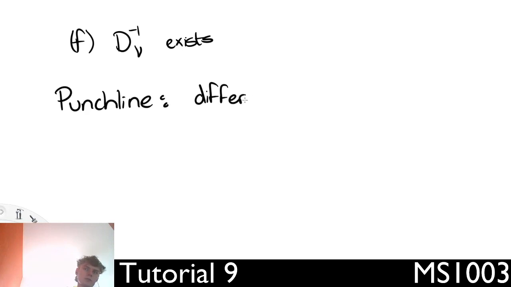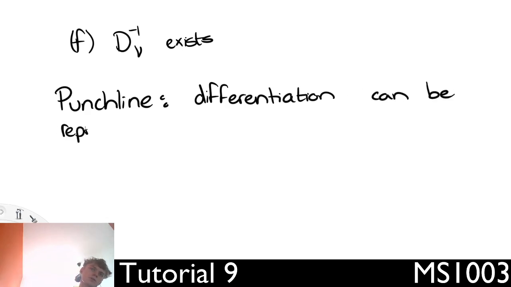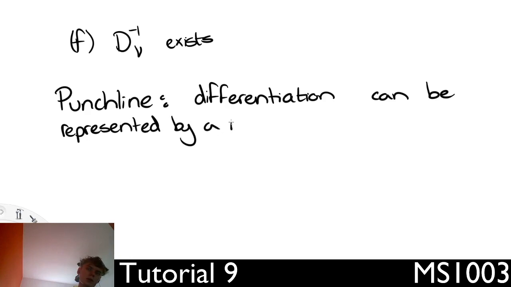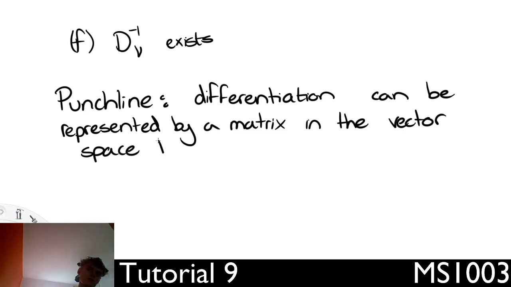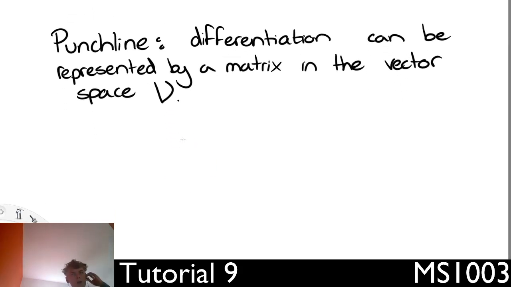Differentiation can be represented by a matrix in the vector space C. We do it, and we find that there's an inverse and it has a valid inverse.